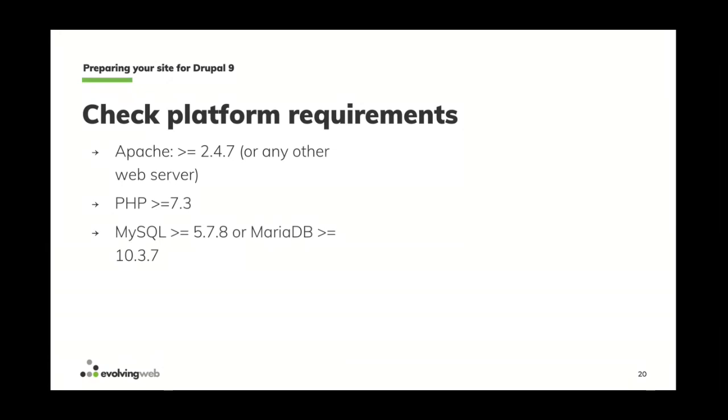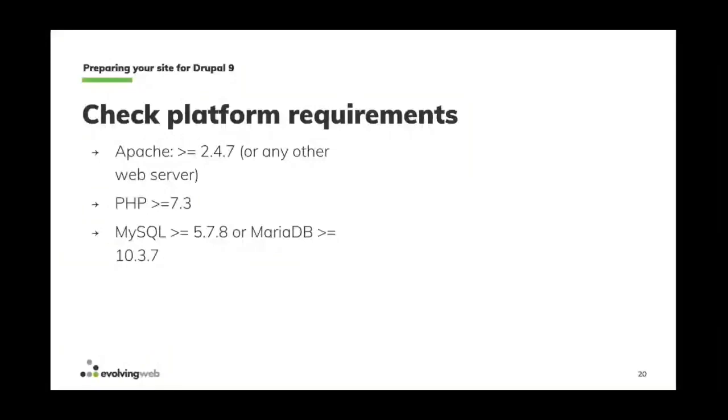Or if you're using MariaDB, it should be greater than or equal to 10.3.7. So these are the platform requirements. PHP version for sure could be greater than that. It supports 7.4, and there are efforts in core to support 8.0 when it comes out. So yeah, it's moving fast, it's moving great.